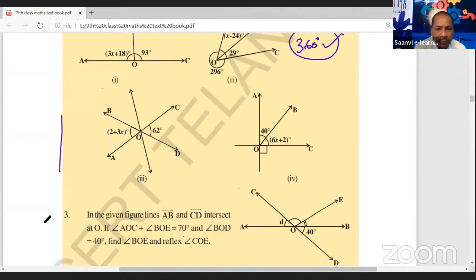We all know that vertically opposite angles are equal to each other. So here 2 plus 3x is equal to 62 degrees. From this, you find the x value easily. Here, write the reason: vertically opposite angles.